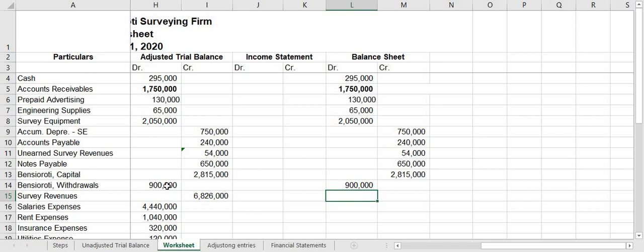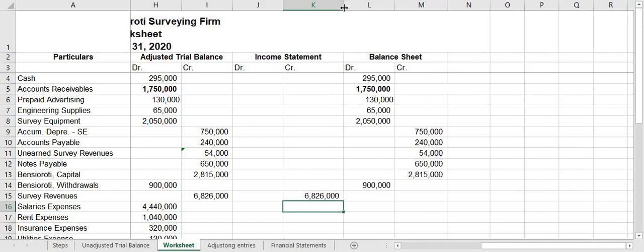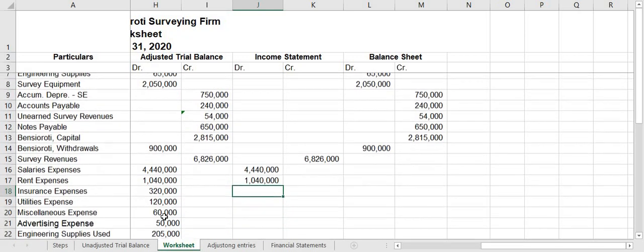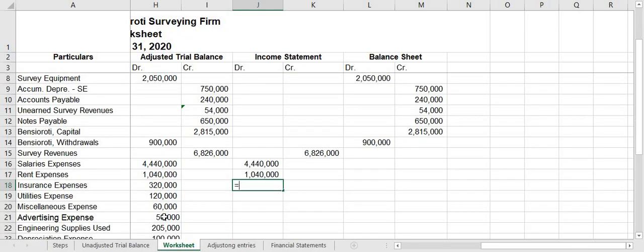Survey revenue, income statement, credit. Next, salaries expense, income statement, debit. Rent expense, income statement, debit. Insurance expense, income statement, debit.